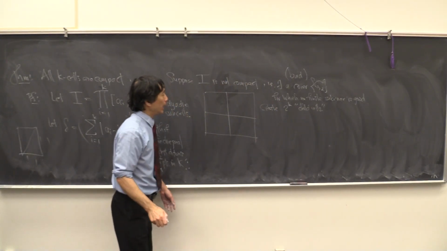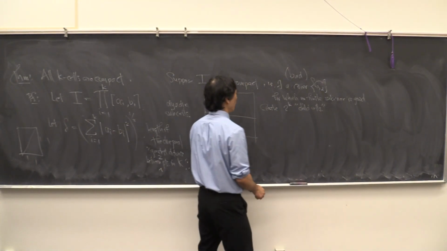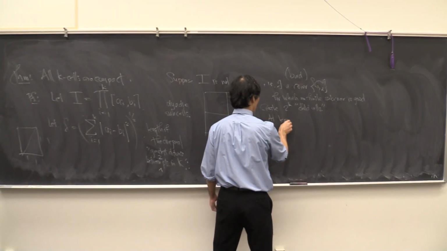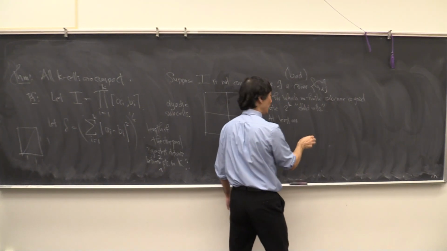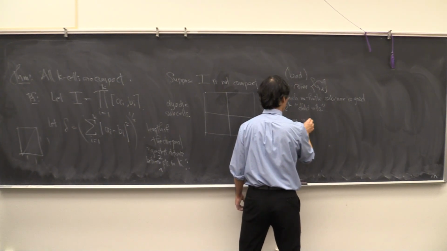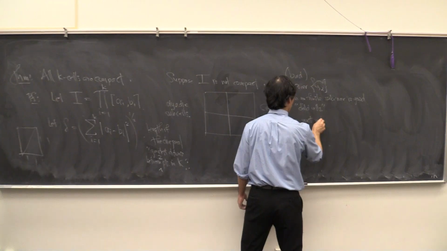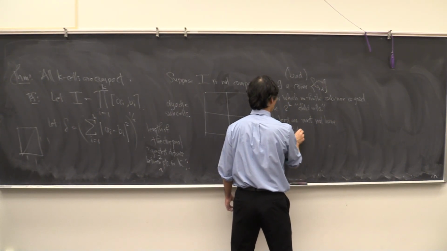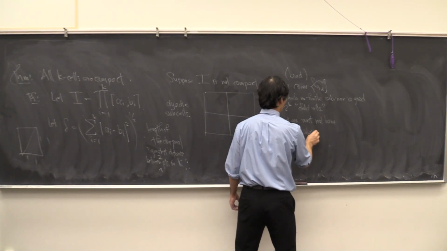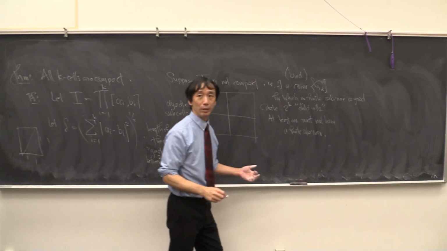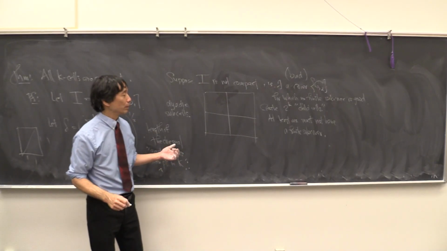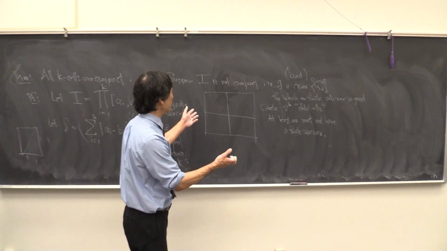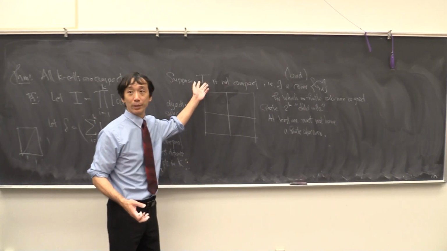And you know that at least one of them must not have a finite subcover. Because if they all have finite subcovers, then I must have had a finite subcover.